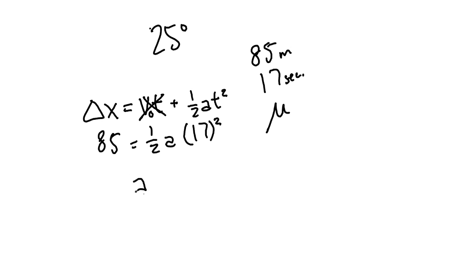So our acceleration is going to be equal to 2 times 85 divided by 17 squared, right? And if we do that on a calculator, this is going to be around 0.588. So our acceleration is around 0.588.